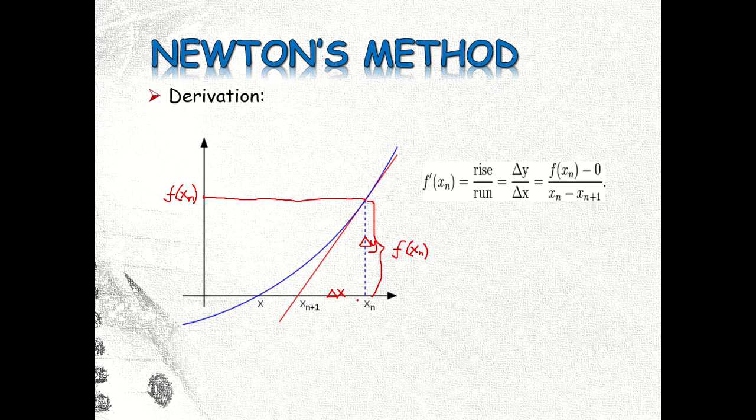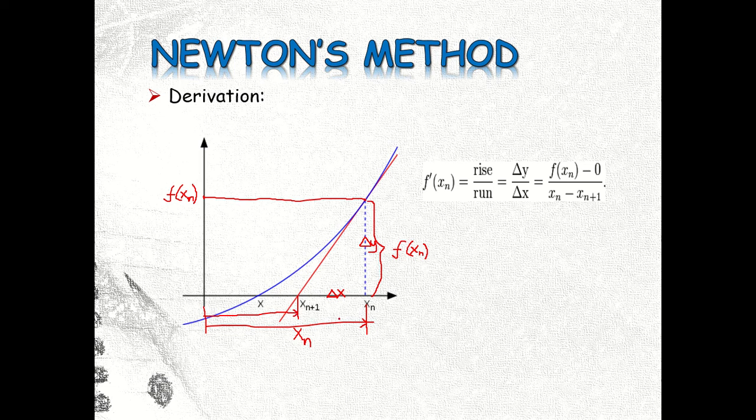In other words, that is the difference, because x sub n is just the distance from the y-axis, and x sub n plus 1 is the distance from the same y-axis towards this.